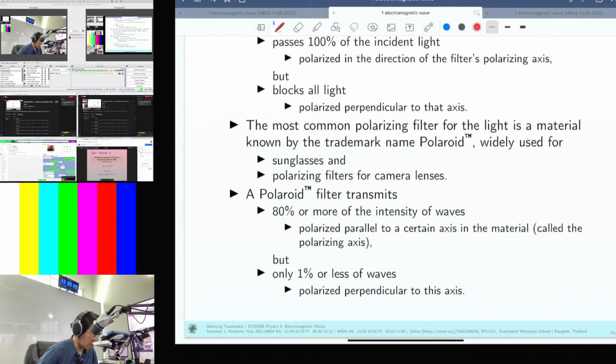It's widely used for sunglasses, and apart from that, it's also used in polarizing filters for camera lenses.